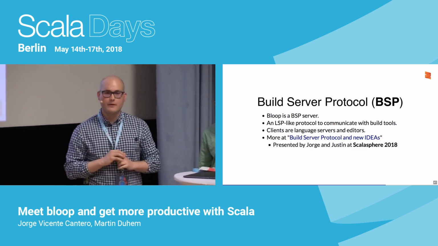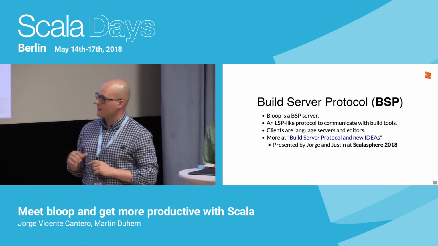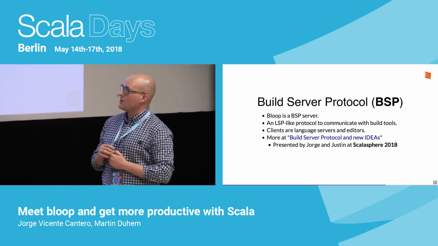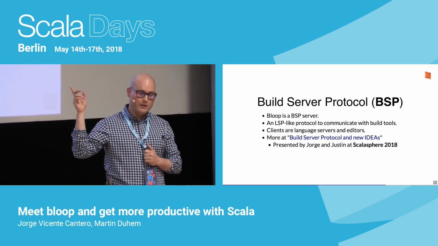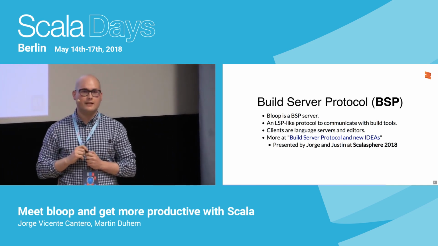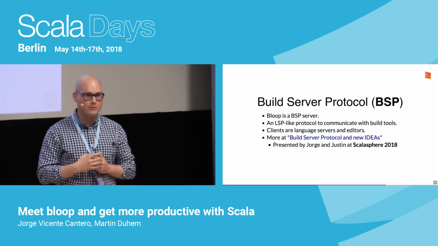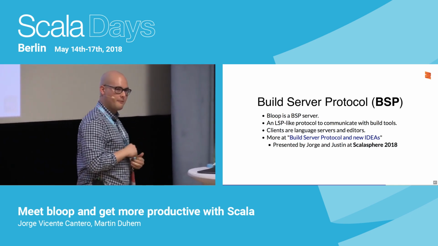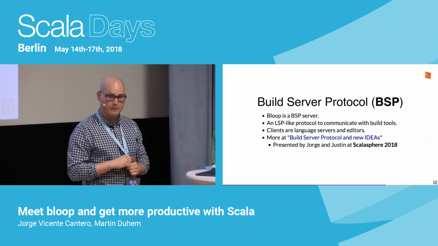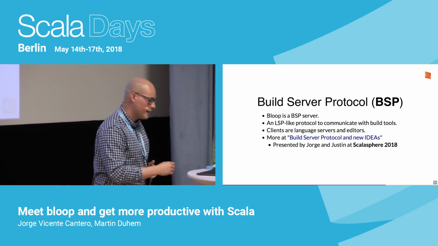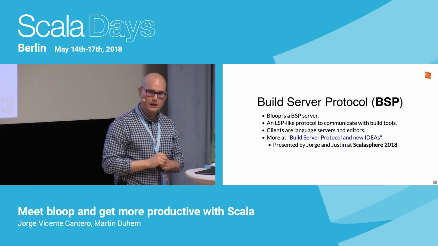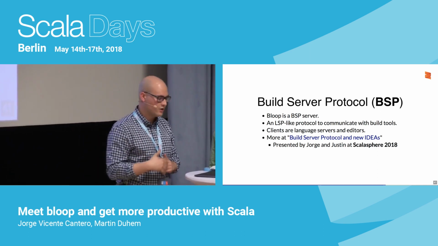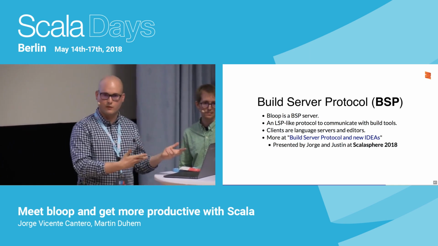If you want to know more about this, because this is a very lengthy topic to discuss, I recommend you check out this talk I gave at Scala Sphere one month ago with Justin from the IntelliJ team, in which we show the latest advancements in the BSP implementations. We're going to show a little bit today, but we are just going to go briefly through the use cases and show why this is useful for Bloop.